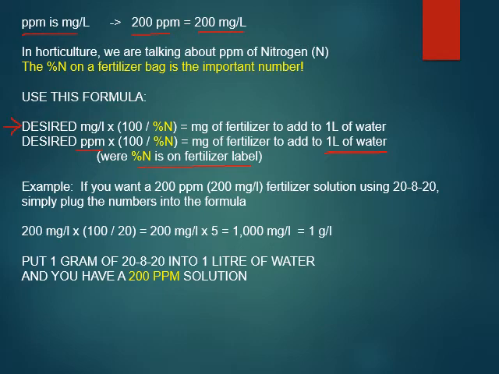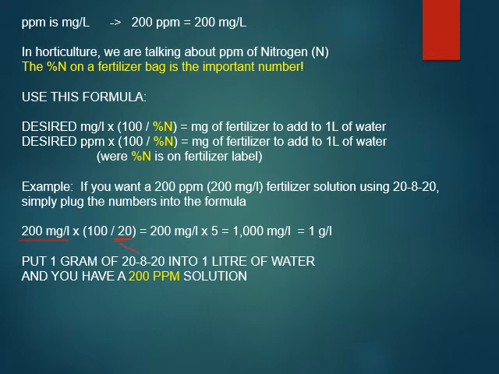So, for example, if you want a 200 ppm solution of 20-8-20, right? So that's 200 milligrams per liter. ppm is milligrams per liter. Getting a lot of lines here, let me clear them up. Times 100 divided by the percentage of the fertilizer, right?